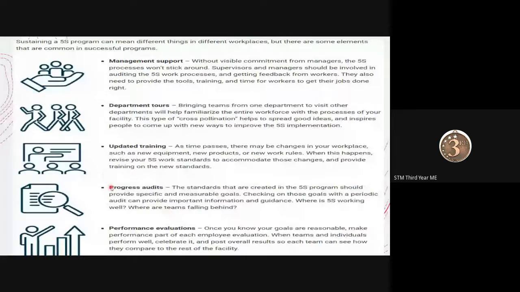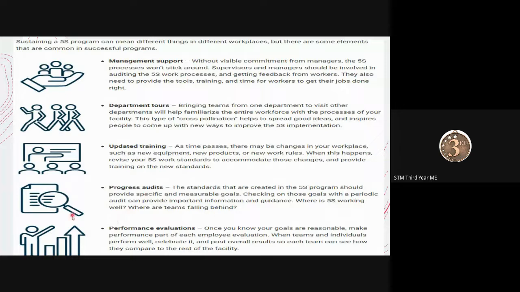And only by doing progress audits can we sustain the 5S program, because we are looking at whether 5S is working well in the workers' environment. So that is the importance of progress audits.